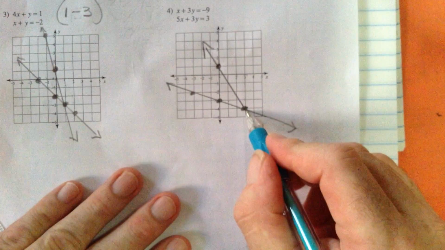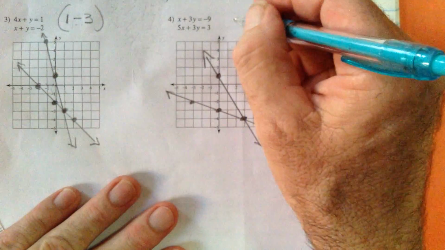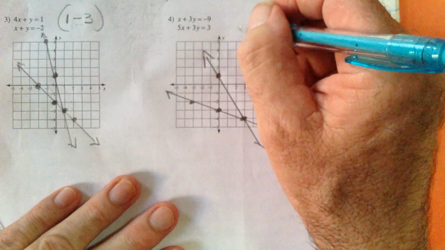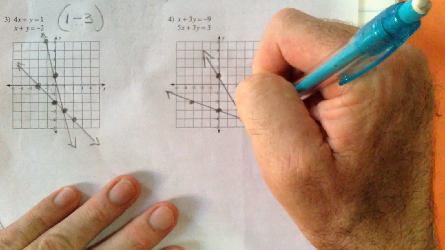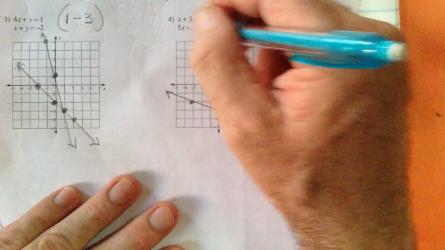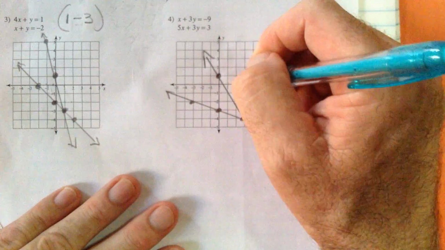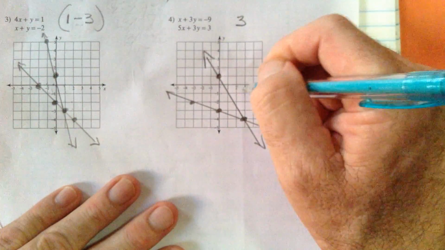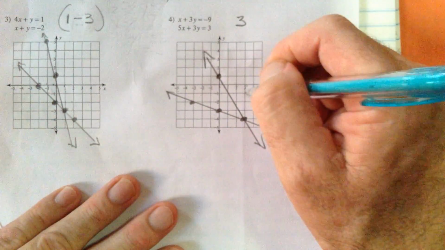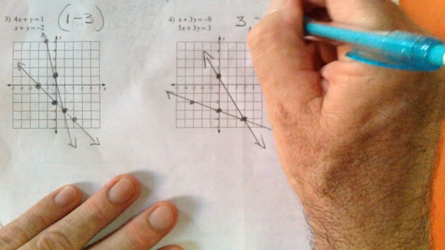Here's where they cross. So that would be the answer to this one. The system solution is where they cross over. The x would be 1, 2, 3. And the y would be negative 1, negative 2, negative 3, negative 4.